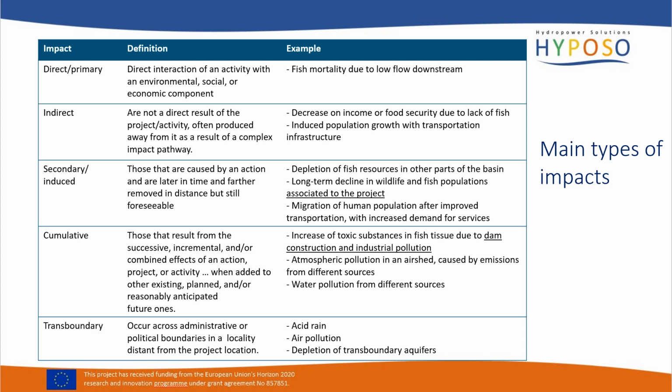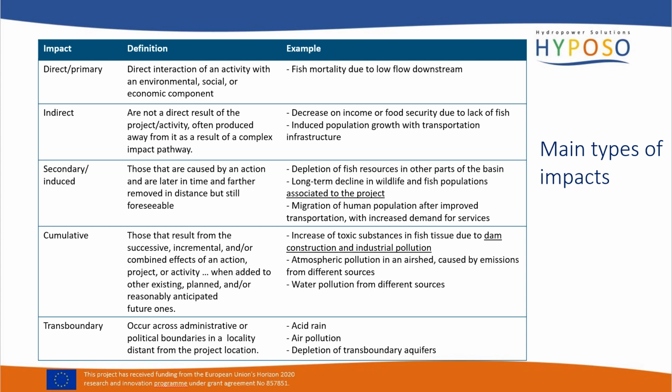These cumulative effects also happen when we have, as I mentioned before, many small projects that individually are considered not having impact, but when we put them all together, will contribute to a larger impact.